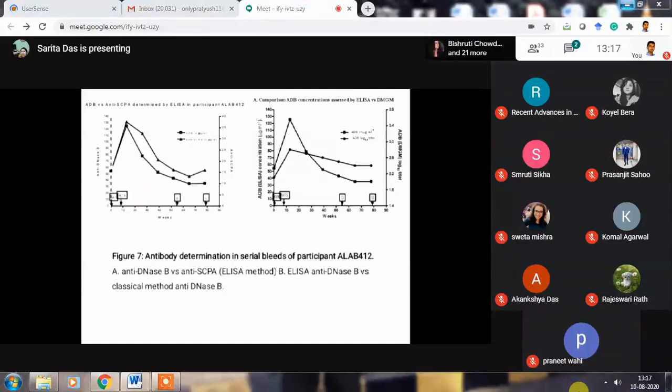Because when you go for culture filtrate collection, your protein of interest will also be contaminated with other streptococcal proteins, which will interfere with your experiment. But in recombinant proteins, this is omitted.